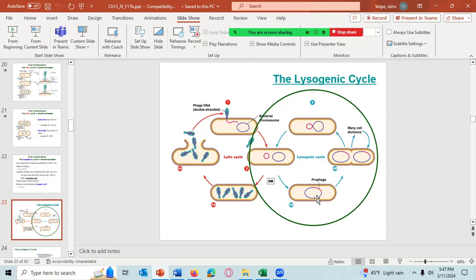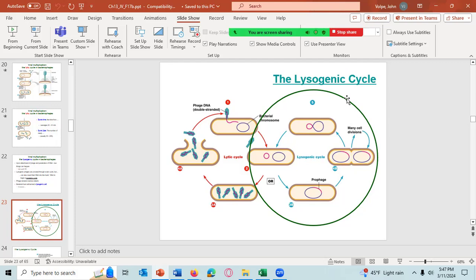Now, whenever the host cell replicates its DNA, it replicates the viral DNA. And that way, when the cell replicates into two, each daughter cell will get a copy of the prophage. And this can continue for many generations where the lysogenic life cycle continues.